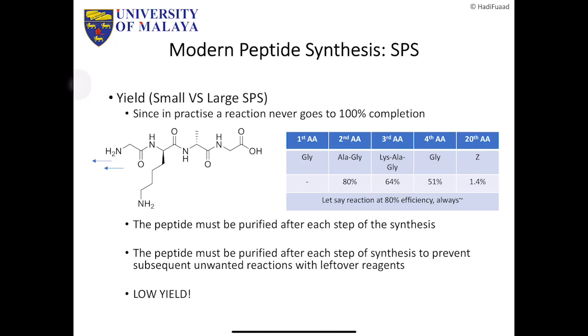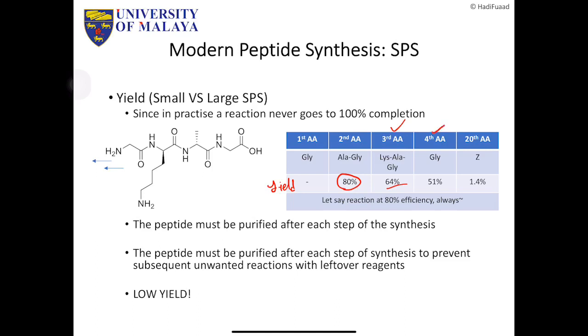Imagine that with the two strategies we employ, which are the protecting group and the activating agent, you get a coupling efficiency of 80%. Always 80% efficiency. When you get to your third amino acid, the maximum yield you can get is only 64%.